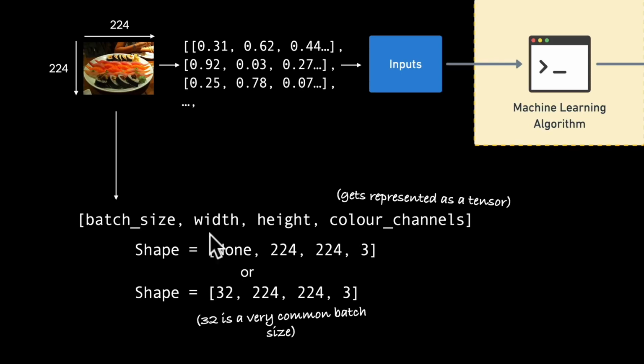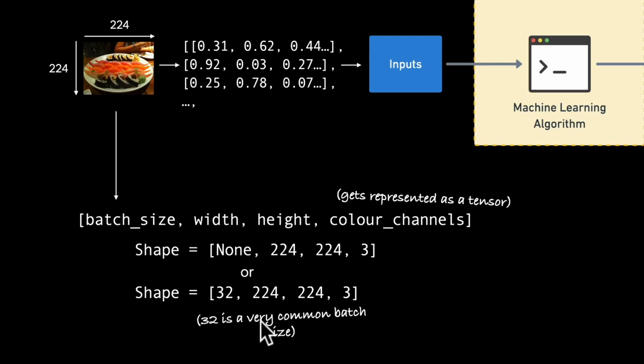Now, the shape of this tensor might be none, 224, 224, 3 for the batch size, width, height, and color channels. Do you see how the width value goes into here, the height value goes into here, and the color channels go to here? Or we might have a shape of 32 for the batch size, 224 for the width, 224 for the height, and 3 for the color channels.